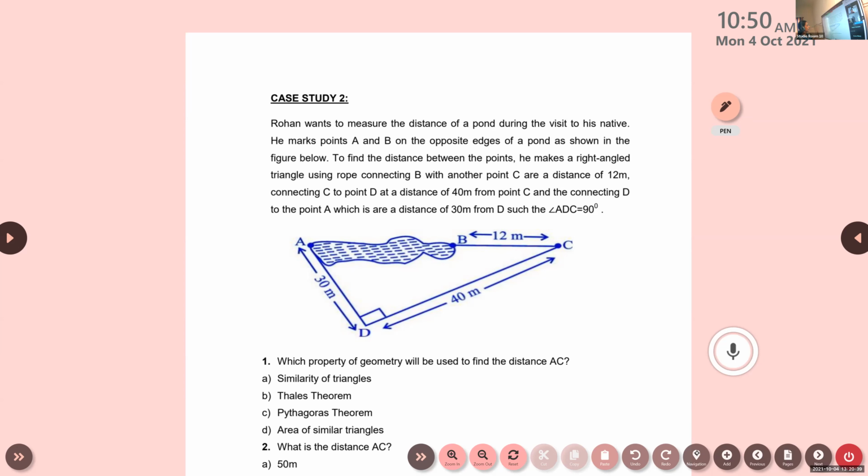Okay, is it okay? Draw this figure, only this figure you have to draw. Based on this only, you are going to solve it. After drawing this figure, try to answer the questions. No need to write the whole thing, only this figure is needed.